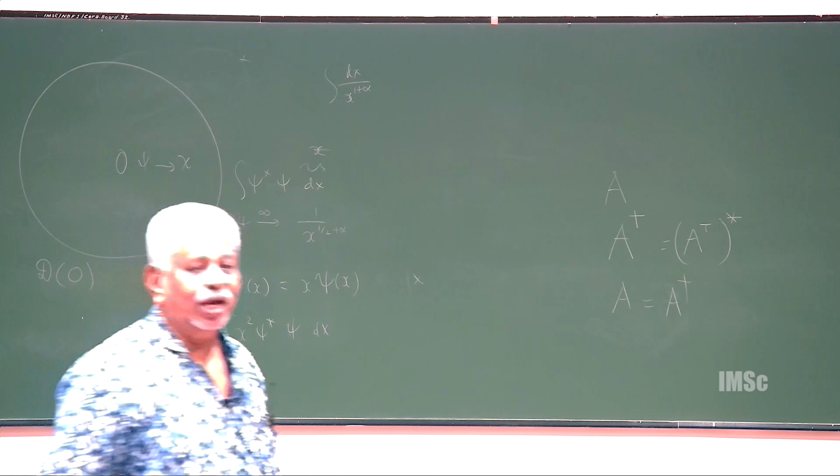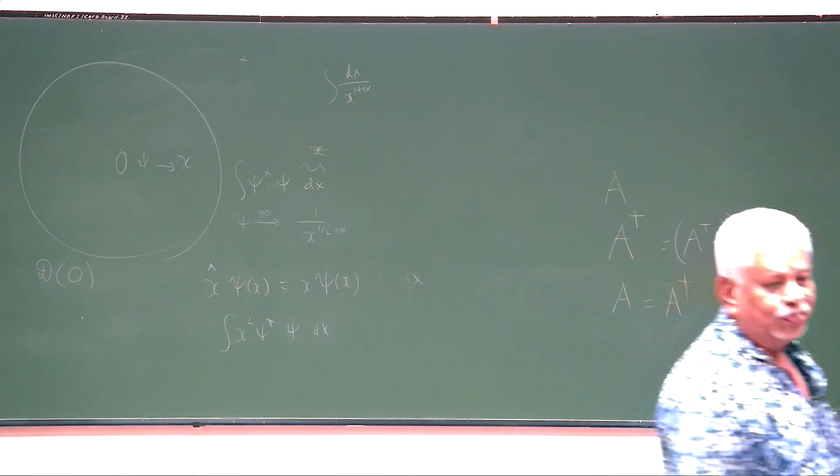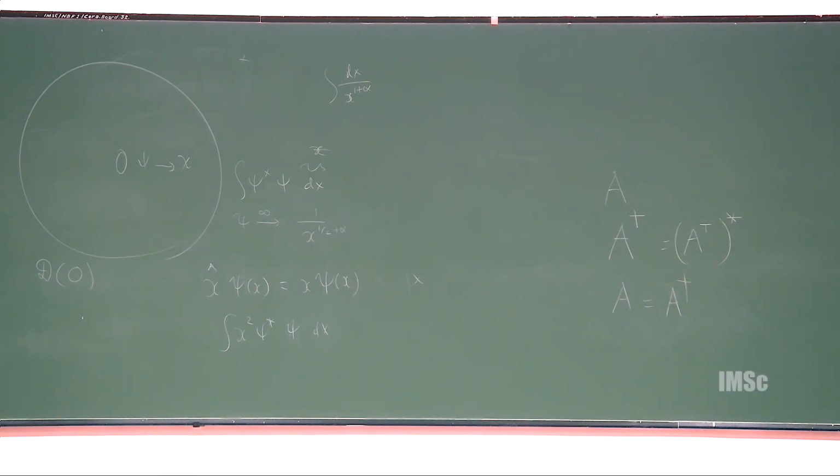Why are we interested in Hermitian or self-adjoint operators? The eigenvalues of a self-adjoint or Hermitian matrix are always real. They cannot be complex. All operators which are self-adjoint or Hermitian have real eigenvalues.